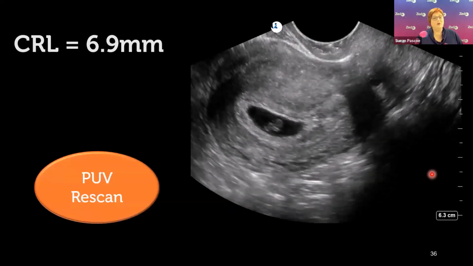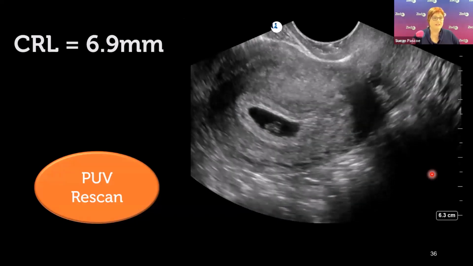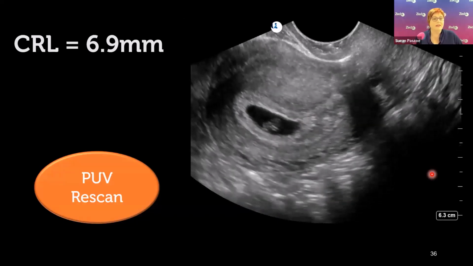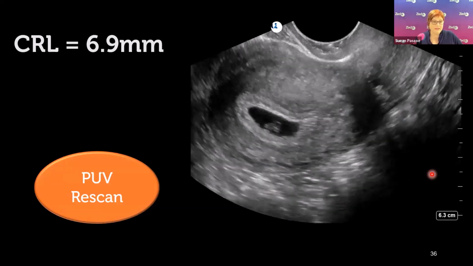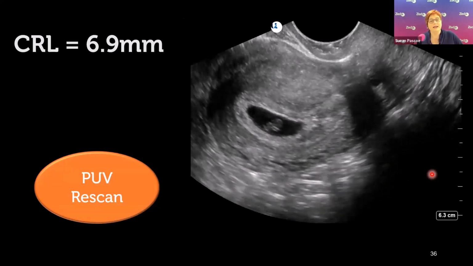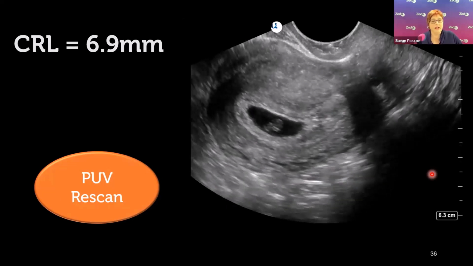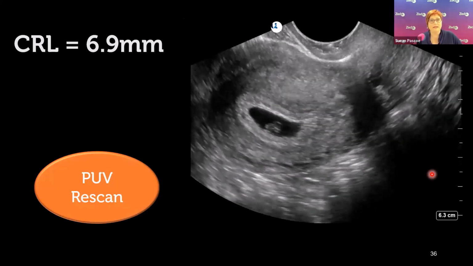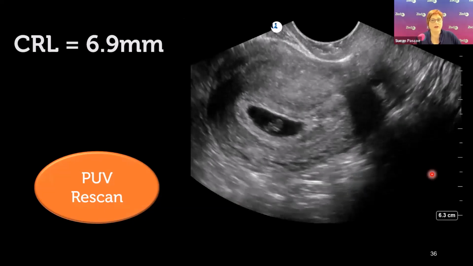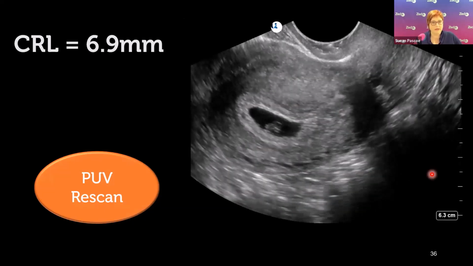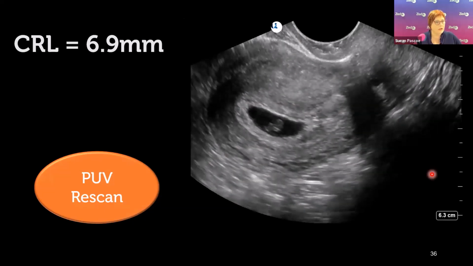So what do we do when we're sitting right on those margins? Now, this little crown rump length was 6.9 millimeters. And we couldn't see a fetal heartbeat. And so according to those pregnancy failure criteria, it hasn't cleared the 7 millimeters mark. And the way I remember this is if it's 7 millimeters, no heartbeat, it's gone to heaven.